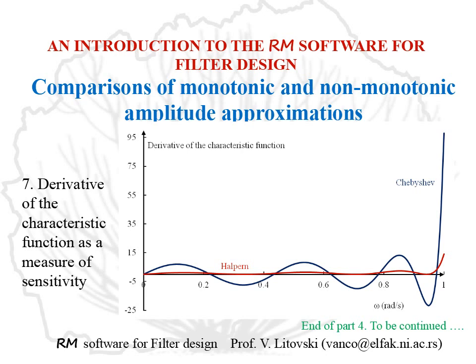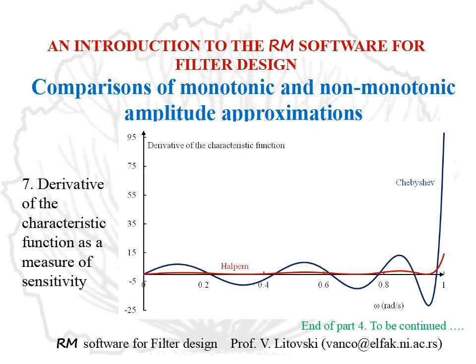Why is the filter which has small variation of the derivative of the characteristic function, or the attenuation, in the passband better than the others? It comes from the theoretical solution that says that the sensitivity, or the increment of the attenuation as a consequence of variation of a circuit parameter, is proportional to the derivative of the characteristic function.